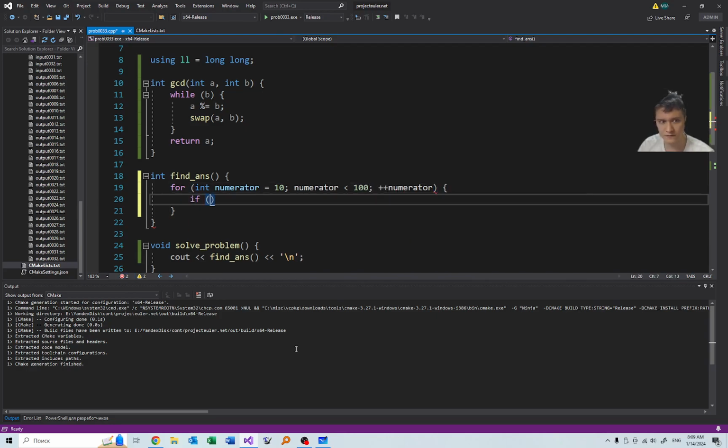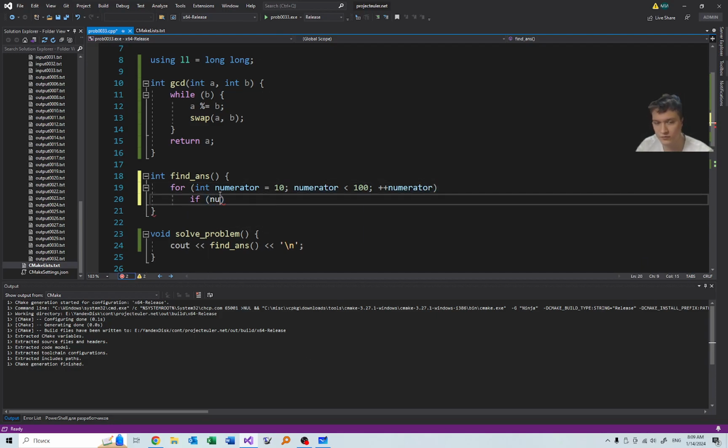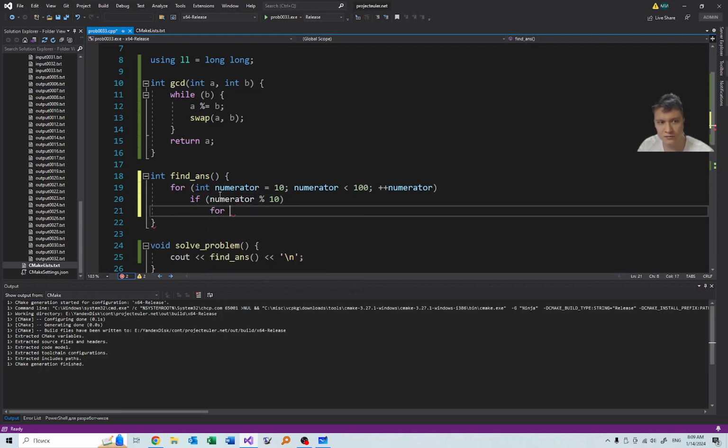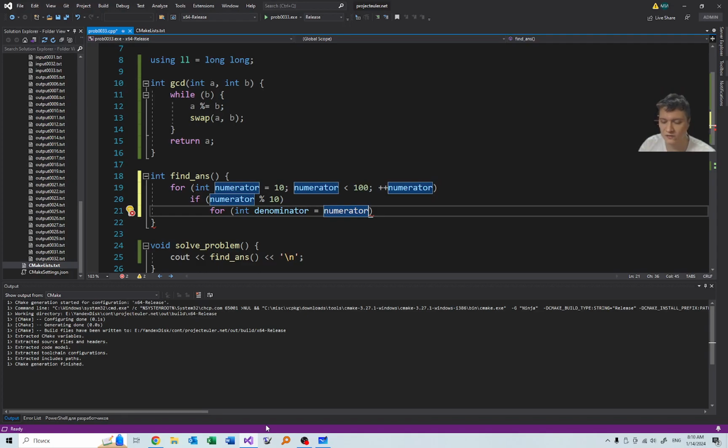Let's do it in a nested way: if numerator % 10, then we iterate over the denominator. Also, there is a trivial example, with a value of 1, so we start with numerator plus 1.